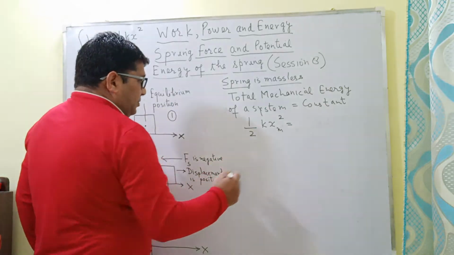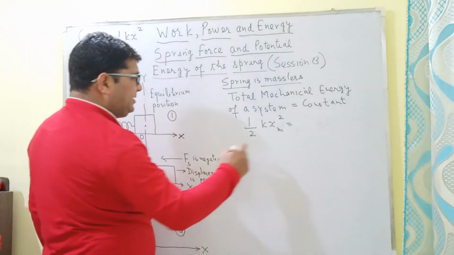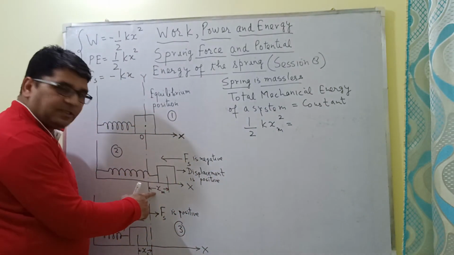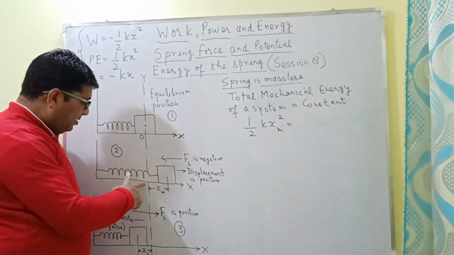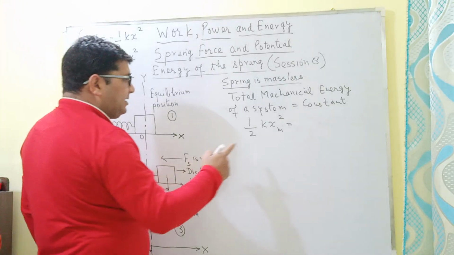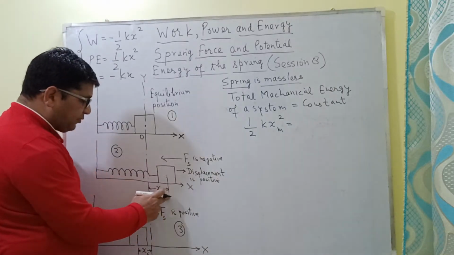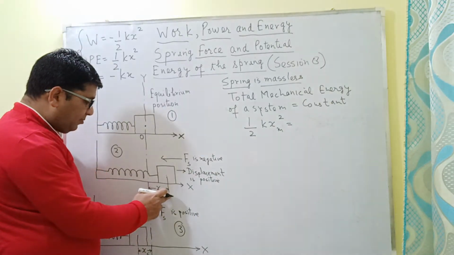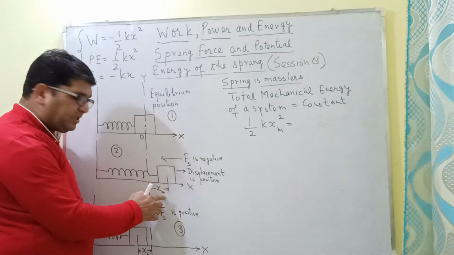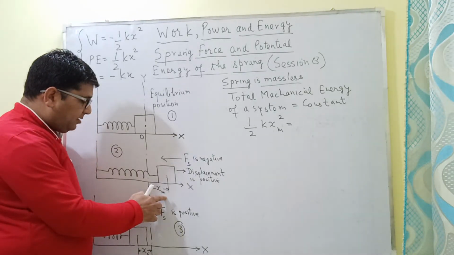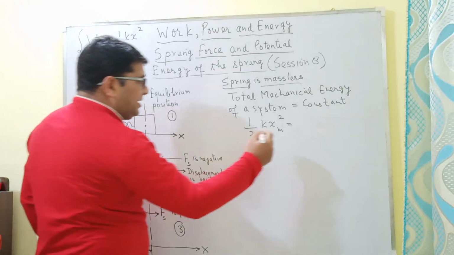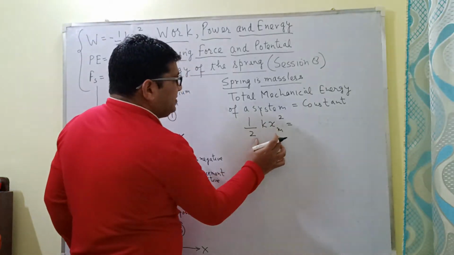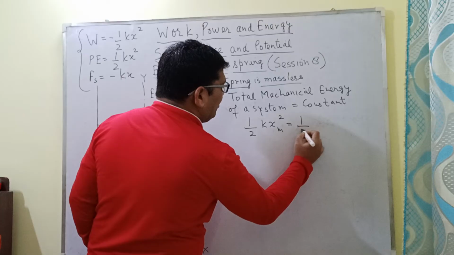Okay, the first thing is that this block will attain the maximum velocity at the equilibrium position. The second thing is that when this block is released from this point, that is, when it is displaced by xm, this energy will partly get converted into kinetic energy.